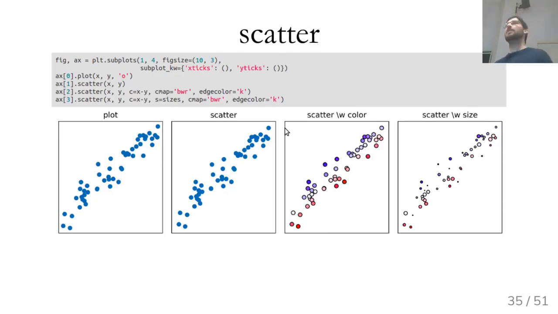So scatter can also set the color individually for each point, and can also set the size individually for each point. If you don't want to do that, then plot and scatter do the same thing. New in Matplotlib 3, I think, you can also have legends for scatter plots. But it's a little bit annoying.